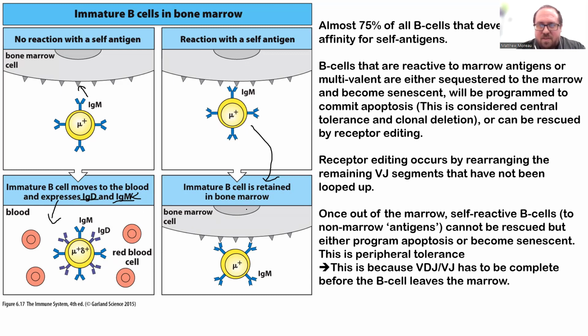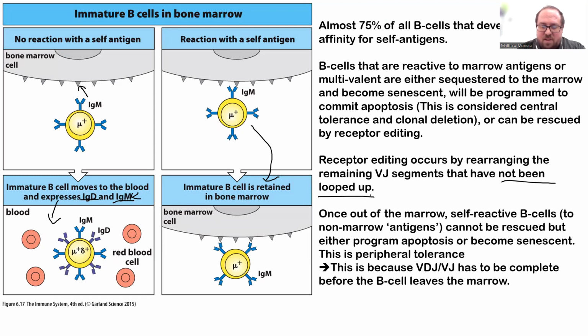Now, the reason for this is because B cells, unlike T cells, can undergo one other remaining segment VJ rearrangement as long as it has not been looped out.